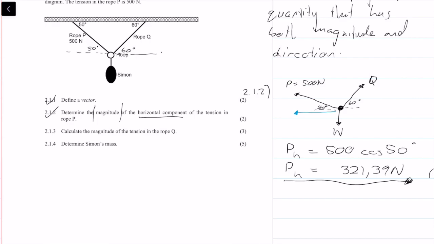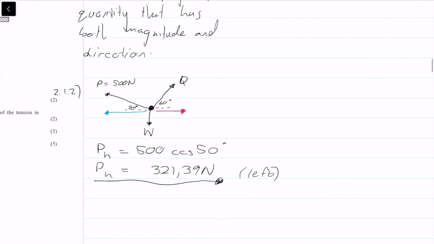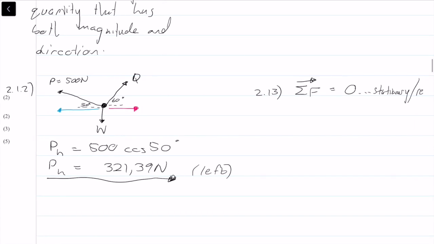Calculate the magnitude of the tension in rope Q. Rope Q also has a horizontal component, that component there. Because the hoop is in equilibrium, the sum of the forces, question 2.1.3, in the horizontal direction is equal to 0, because it is stationary, at rest.